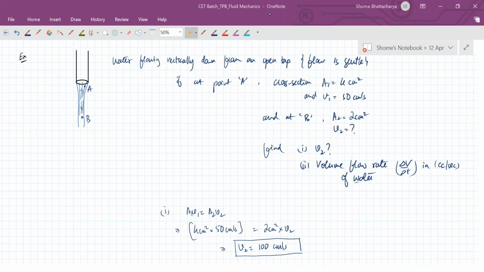Now what about the volume rate of flow? How will we calculate that? Let's look at that next.